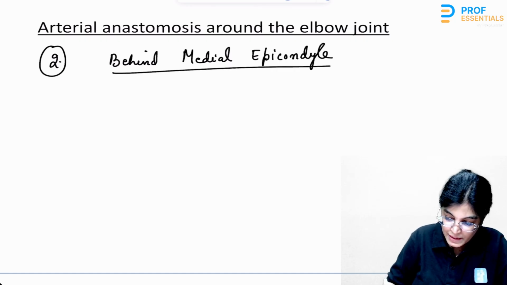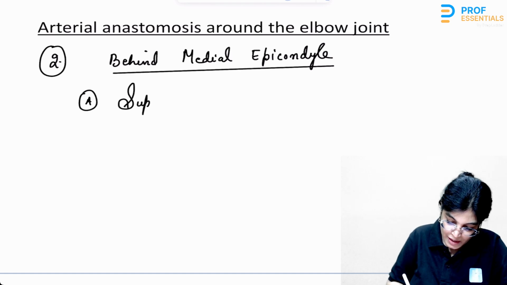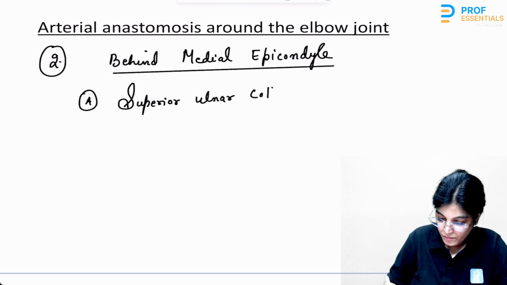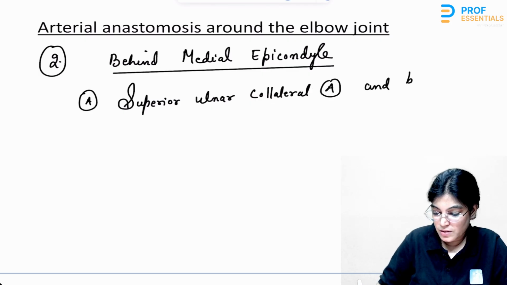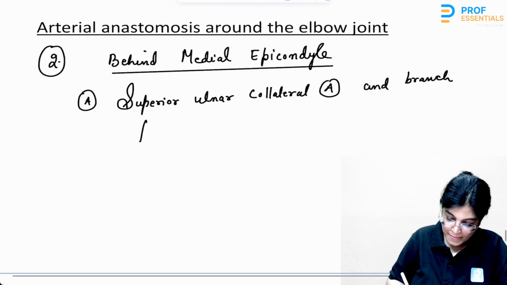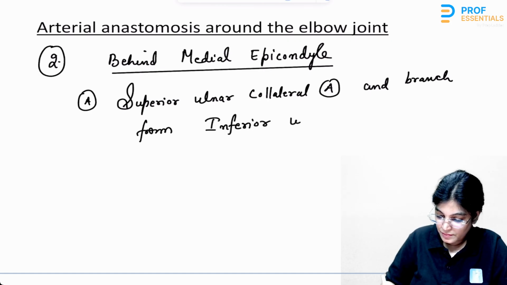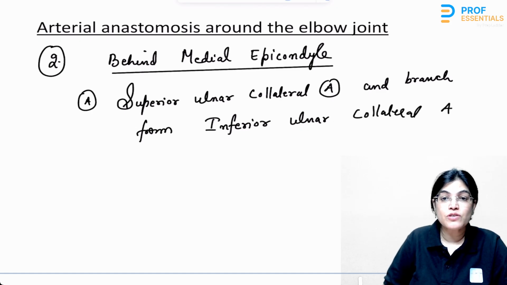So behind the medial epicondyle, the anastomosis is taking place between the superior ulnar collateral artery and a branch from the inferior ulnar collateral artery. And we know that these collateral arteries are the branches of the brachial artery.